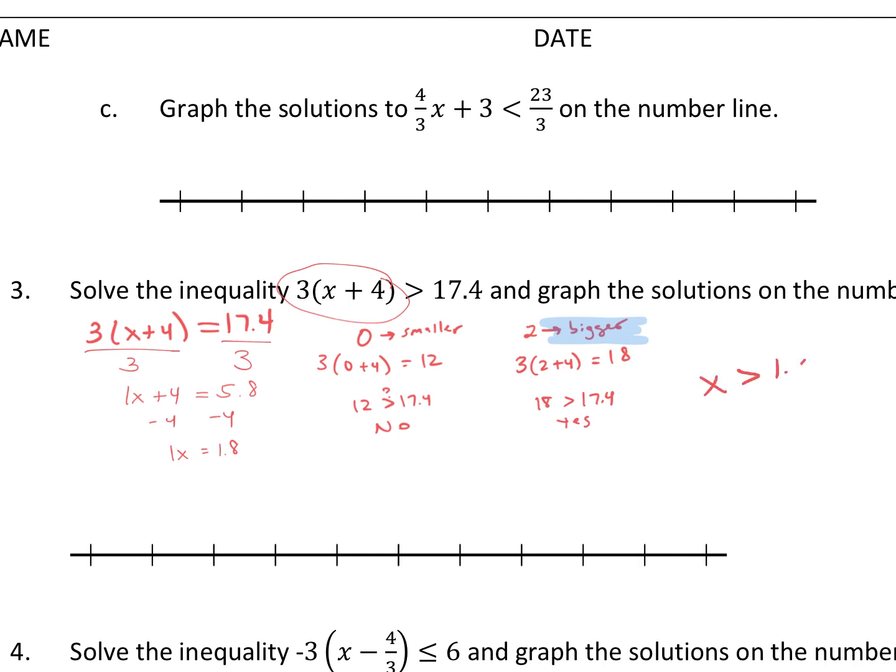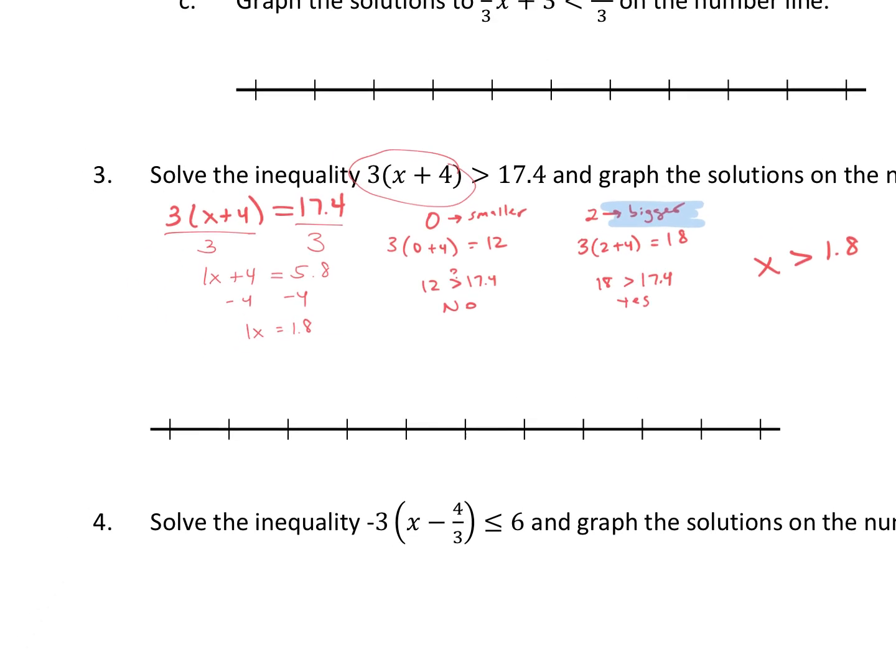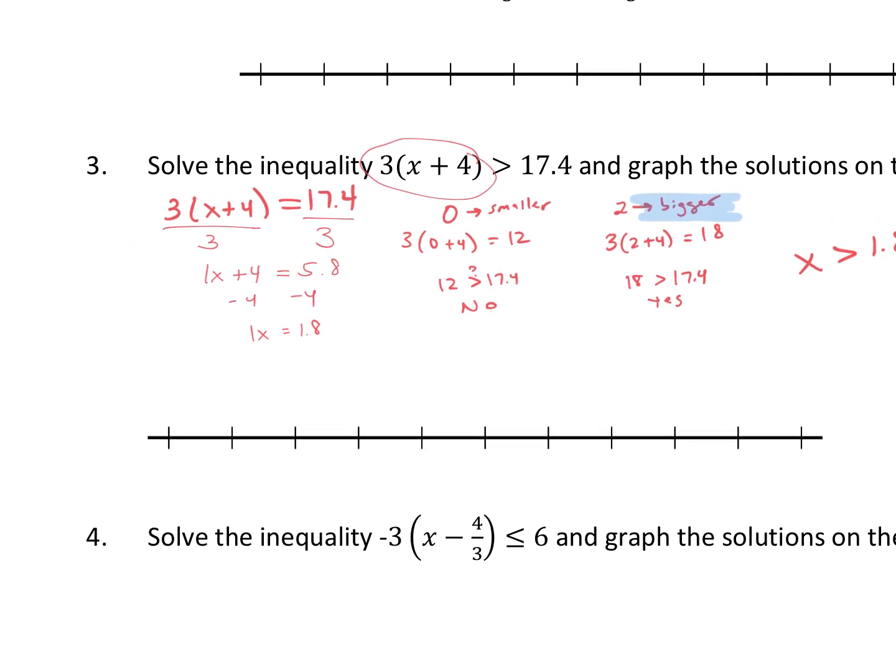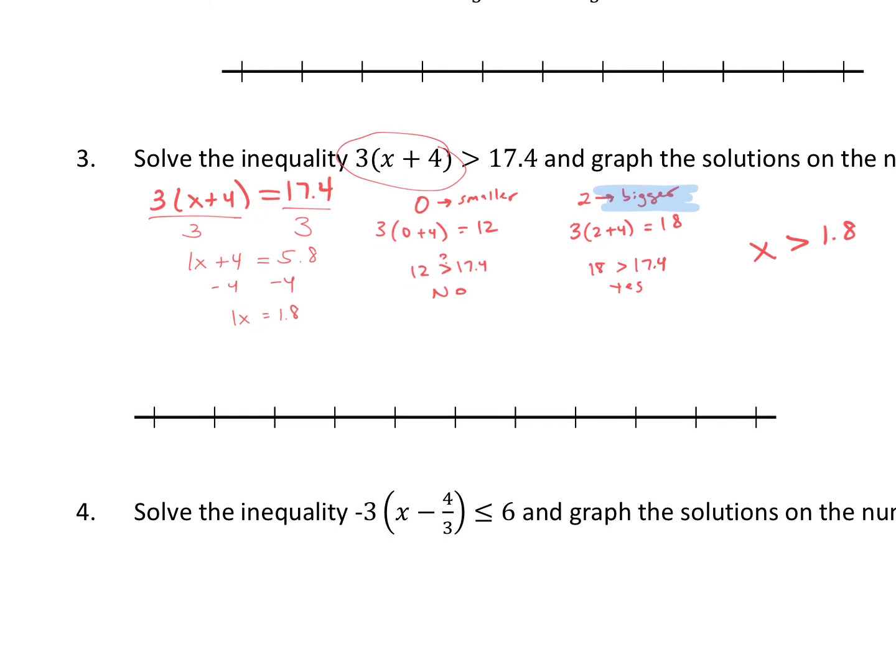greater than 1.8. Now, when I graph this on my number line, you have a choice. You can do it by whole numbers or you can do it by decimals. I'm going to go by decimals just because. So I'm going to do 1.8, 1.9, 2, 2.1, 2.2, 2.3.